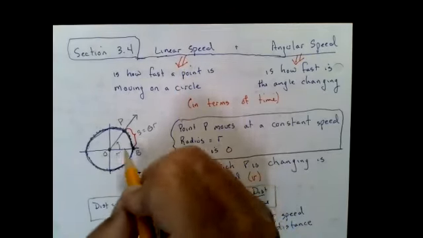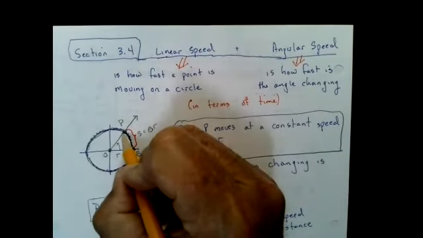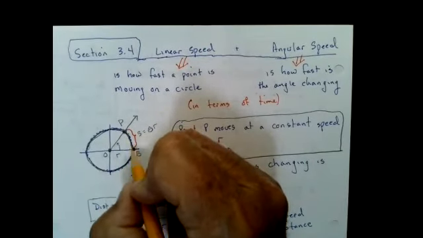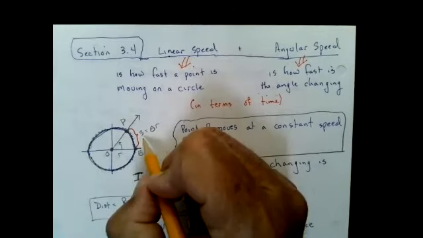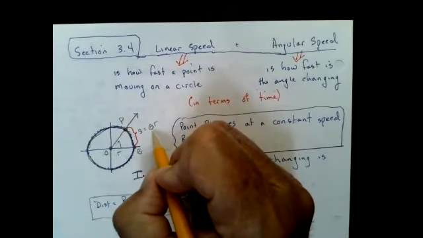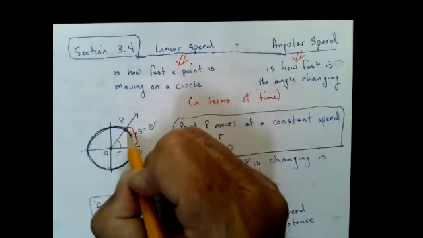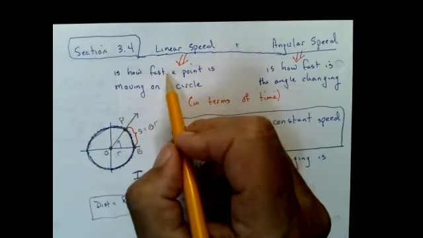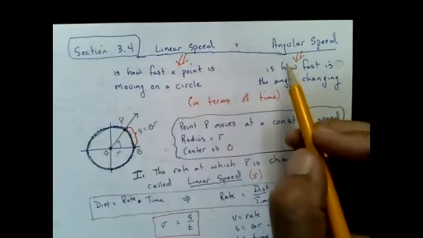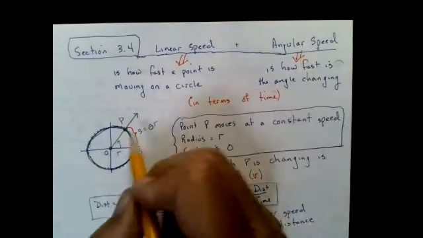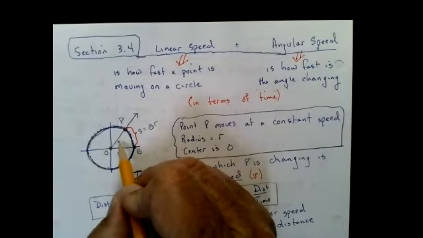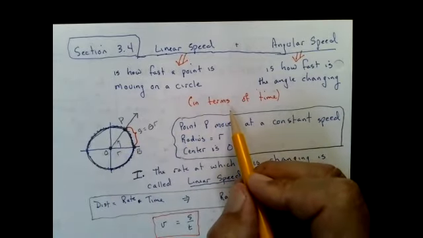So if I have a point on this circle, how fast is it moving? I'm going to be able to measure the distance by S equals theta R, but how fast is that point moving? That's called linear speed. And then I'm going to have angular speed, and that's going to be this guy right here. How fast is that angle changing? And these things are all going to be happening in terms of time.